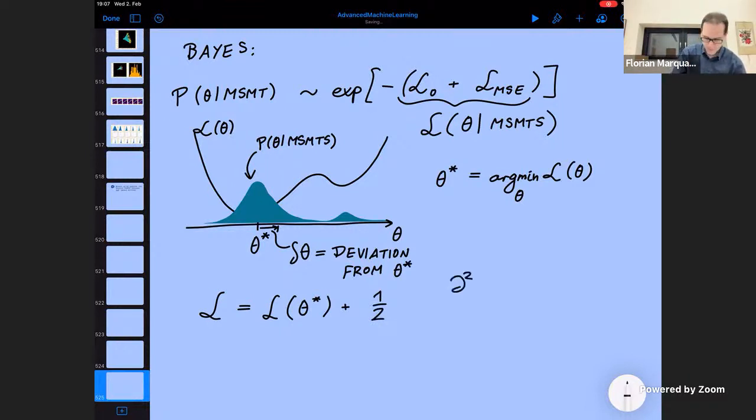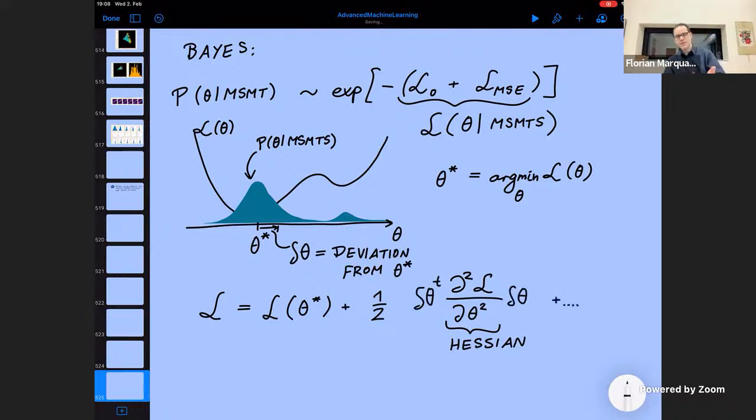Now, L itself is a scalar, but it is a function of many parameters. So if I write this, what I really mean is the second derivative matrix. So it's the Hessian. And that is then multiplied by the deviation vector. So delta theta is a vector and the Hessian is a matrix.